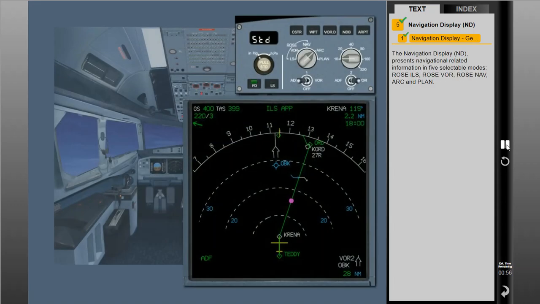The navigation display, or ND, presents navigational-related information in 5 selectable modes: ROSE ILS, ROSE VOR, ROSE NAV, ARC, and PLAN. Each mode can be independently selected on the ND's respective EFIS control panel.